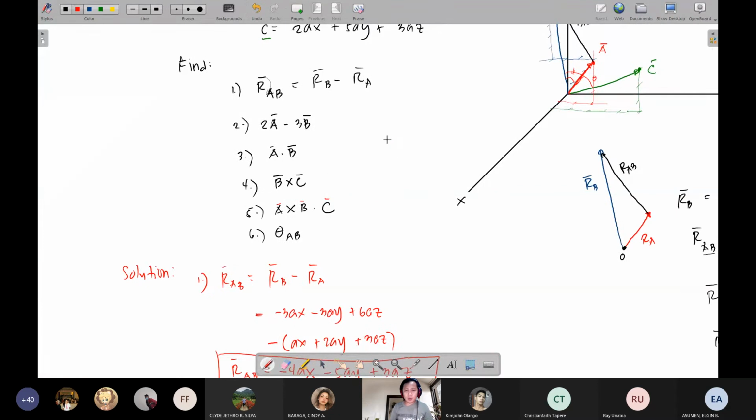Okay? So for example, what if it is A cross B, and then what if it is A cross, with a parenthesis, B dot C?